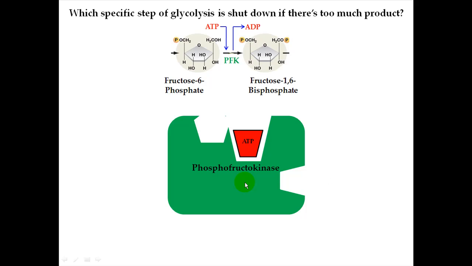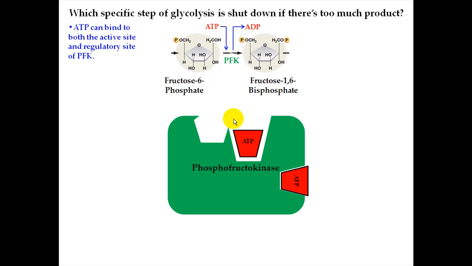So ATP would probably have to bump into that a few times before it actually is able to make a nice fit into that regulatory site. All right, so that's the key point here, is that ATP can bind to both parts of the enzyme, but it has a lot easier time binding to the active site.